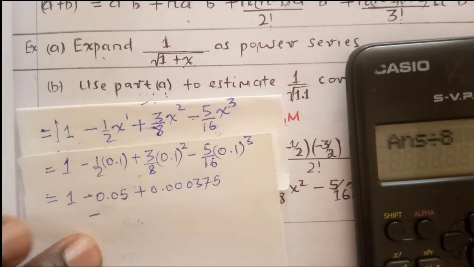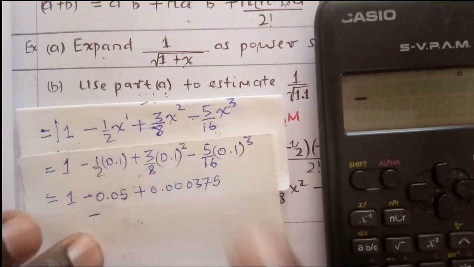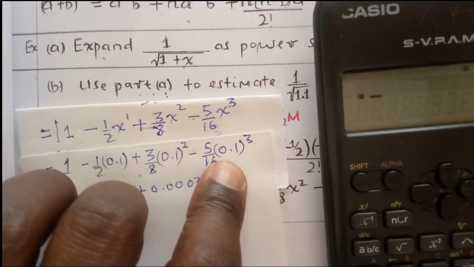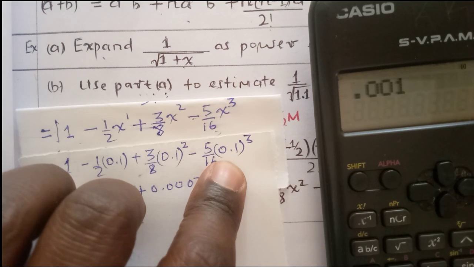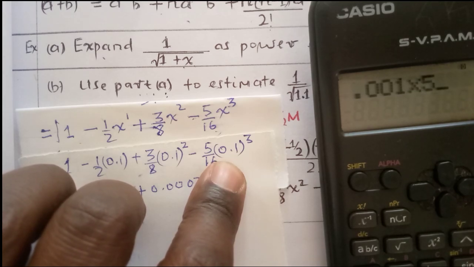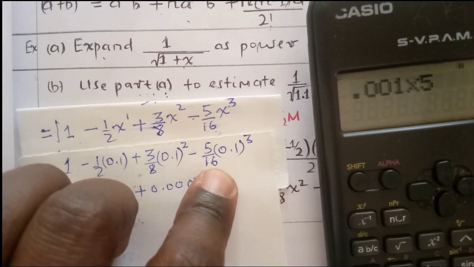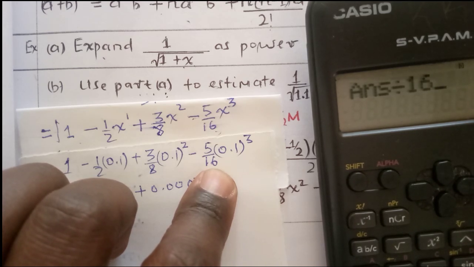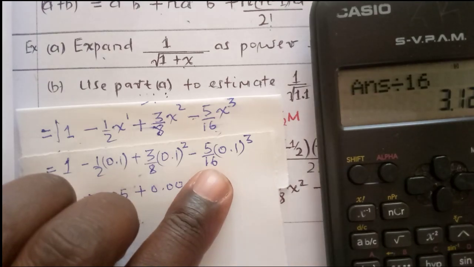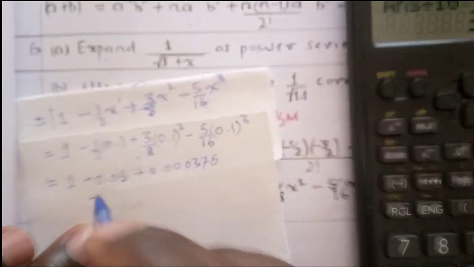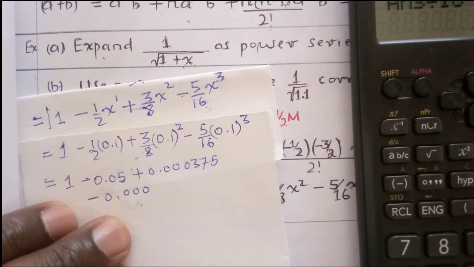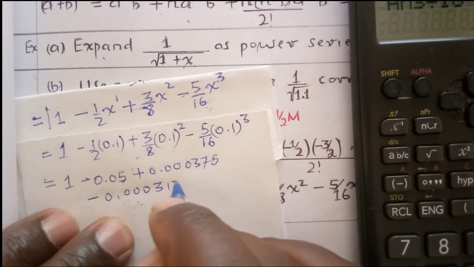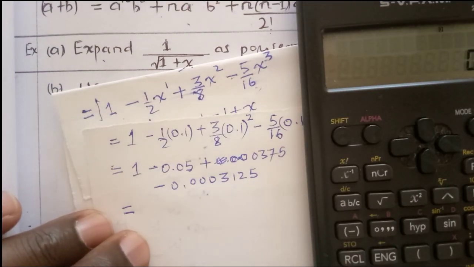Finally, minus, we calculate this one: 0.001 multiplied by 5, divided by 16, gives 0.0003125.